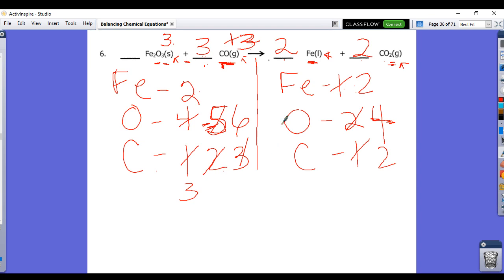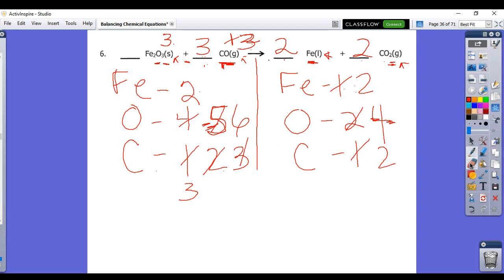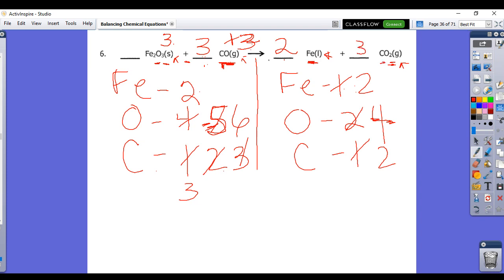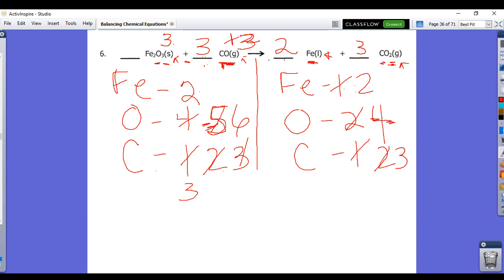All right, and then over here, let me change this 2 to a 3. So I'll put a 3 here, which is now 3 carbons. So we have 3 carbons, 3 carbons, 3 carbons there. And then it changes my oxygen to a 6. So now we have 2 and 2, 6 and 6, 3 and 3.